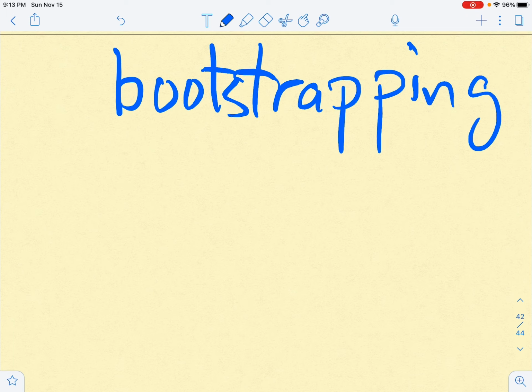Bootstrapping is a process that allows us to get an accurate assessment of what a specific spot rate should be in the event that there's some perceived illiquidity at certain maturity segments of the yield curve.